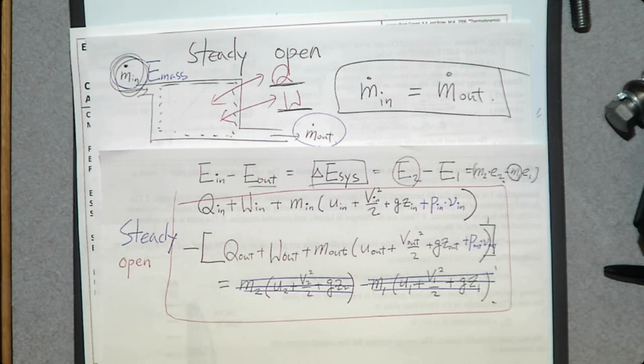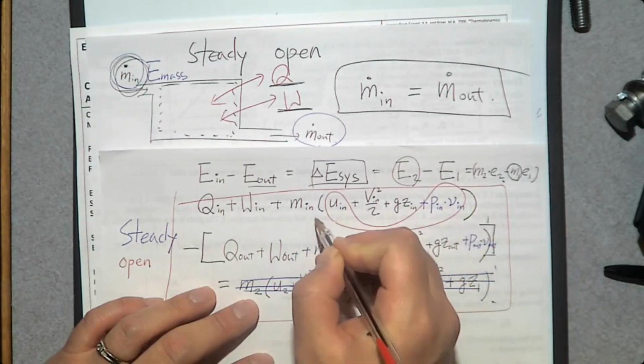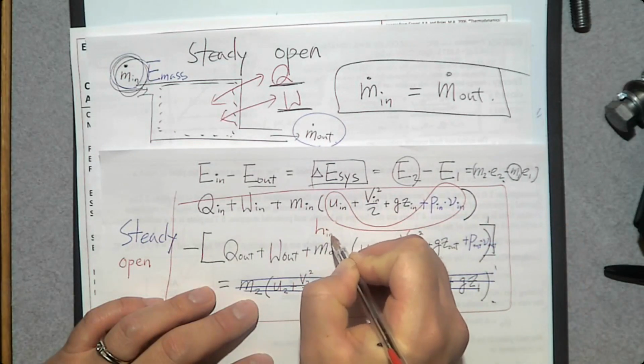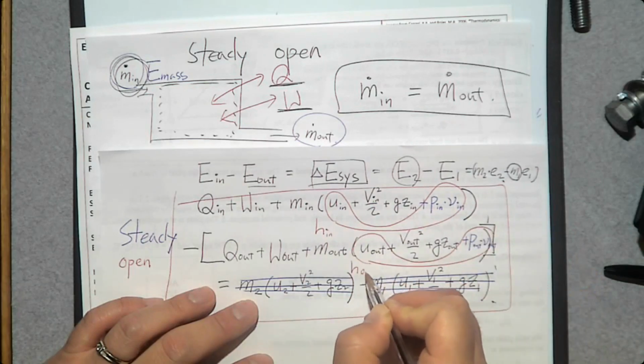And there's one more. You may remember this one, U plus PV. What is U plus PV? Do you remember any property whose definition is U plus PV? Yes, H, enthalpy. So these two together become H at the inlet. These two together become H at the exit.